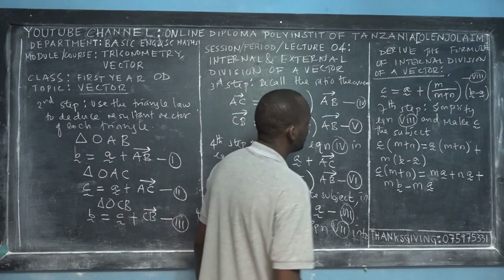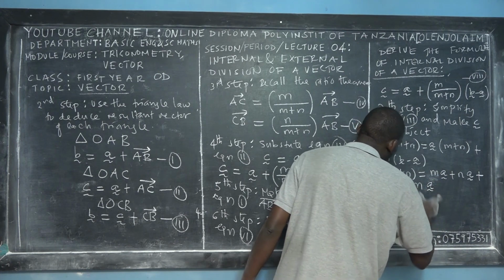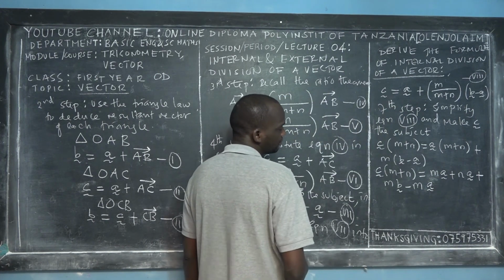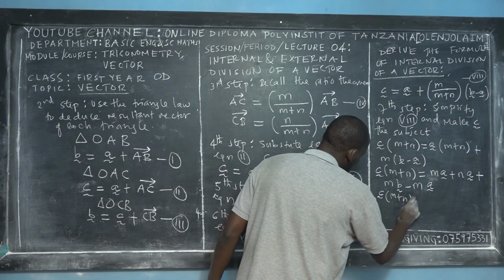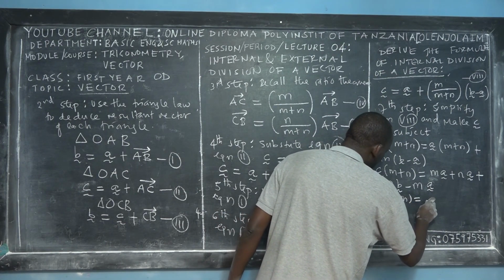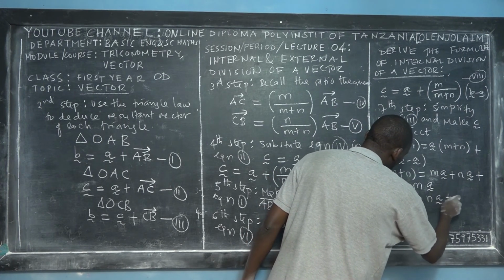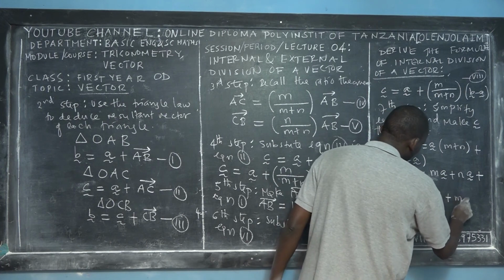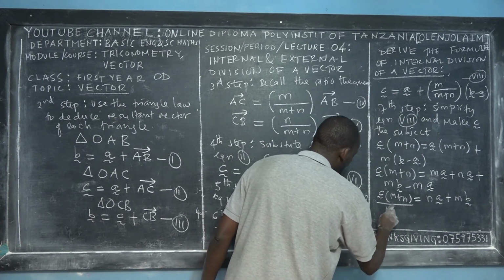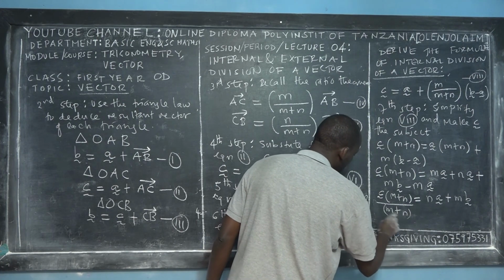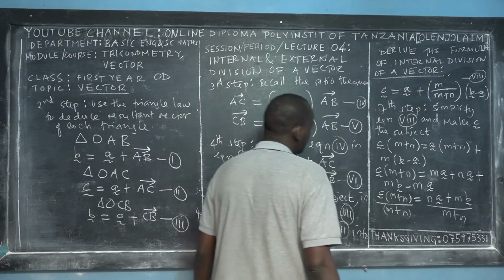Yes, these are the like terms. So M times A minus M times A is 0. We remain with N times vector A plus M times vector B. Then we divide by M plus N, and C divided by M plus N.